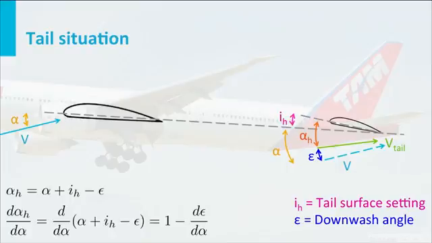The i_H is a constant. It doesn't change due to alpha, so it becomes 0. And the downwash might change with angle of attack. So we simply write the change of downwash angle due to a change of angle of attack there, d epsilon d alpha. In other words, d alpha_h d alpha is 1 minus d epsilon d alpha. And this is, for now, just a mathematical thing, what happens when the angle of attack changes, but this is something we will use later when we look at the disturbance of the equilibrium.